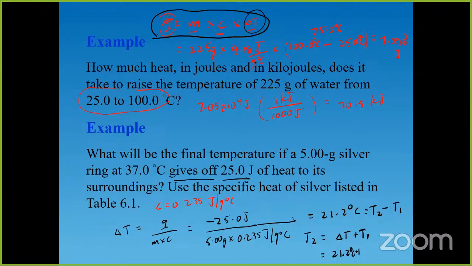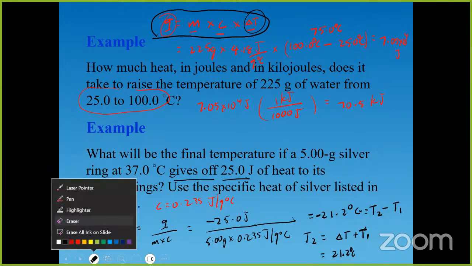And then I'll add T1, which is the initial temperature, which is, oh, shoot, I forgot. Very important. I knew I was missing something. There should be a negative sign here, right? So basically, I need to make a change here. Okay.